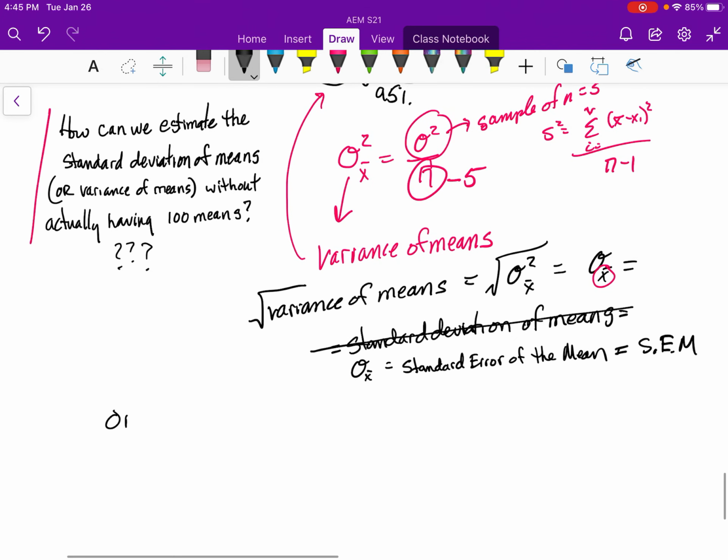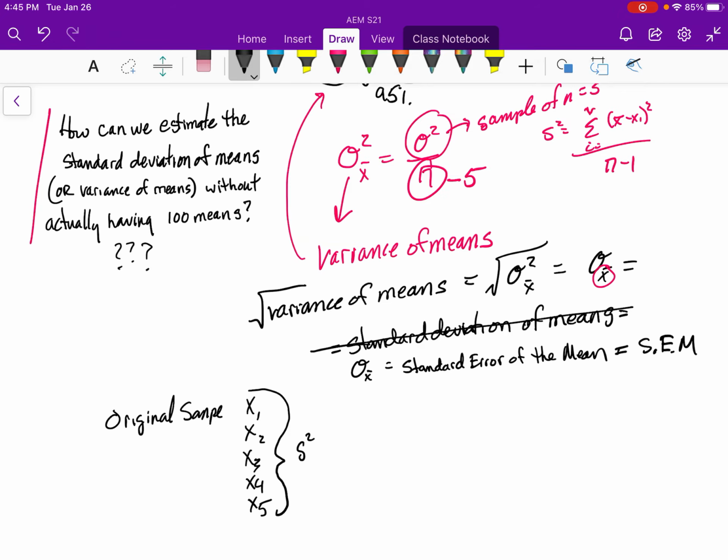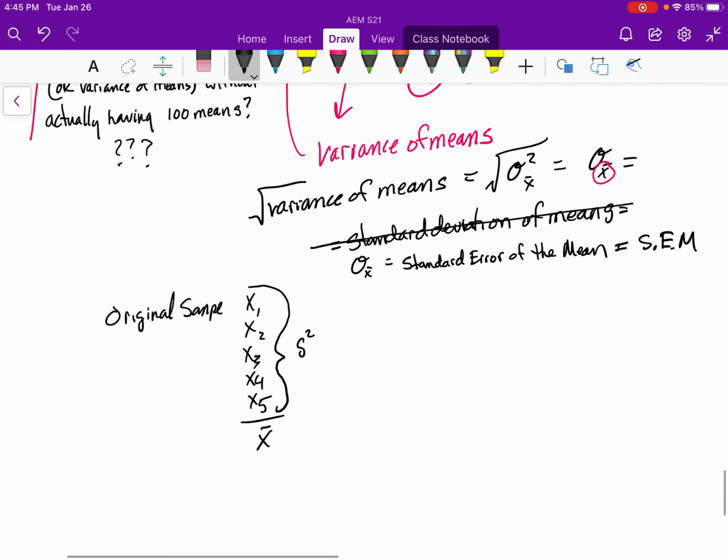Our original sample was x1, x2, x3, x4, and x5. And from these we know we could calculate a variance, s squared, and we also have a mean. And so the mean is the best estimate of the parent mean, right? So we know that. But what about the variance? This is the best estimate of the variance of the parent.